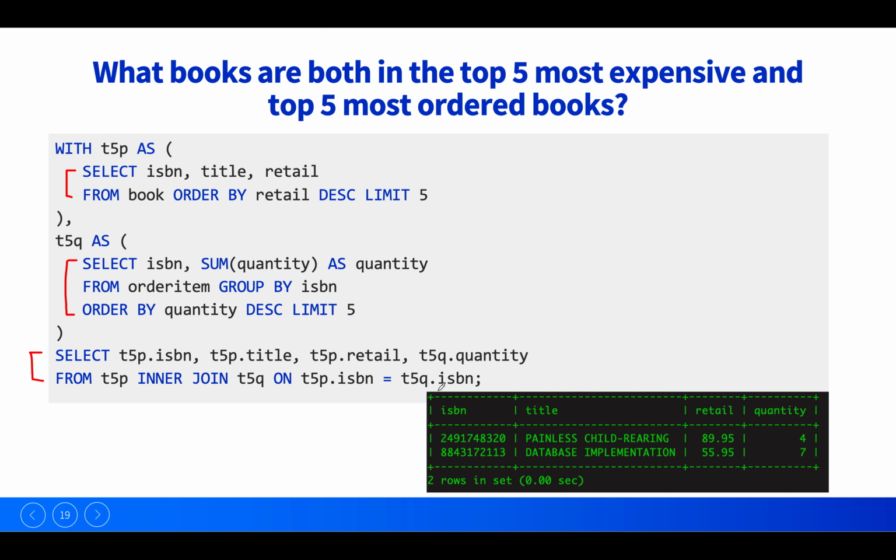And if we execute this piece of code, we'll know that Painless Child Rearing and Database Implementation are both part of the top 5 most expensive books as well as the top 5 most ordered books. All right.